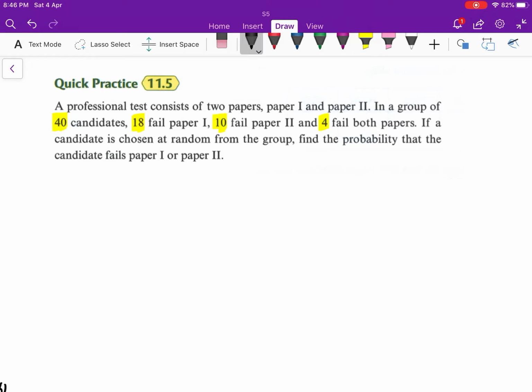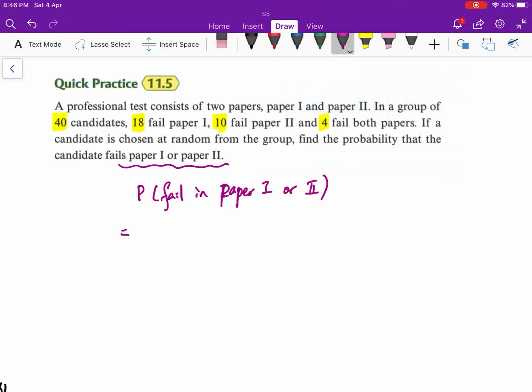So first of all, what do you want to find? We want to find the probability of failing in paper 1 or paper 2, okay? That means either or, okay? So how can we do it?